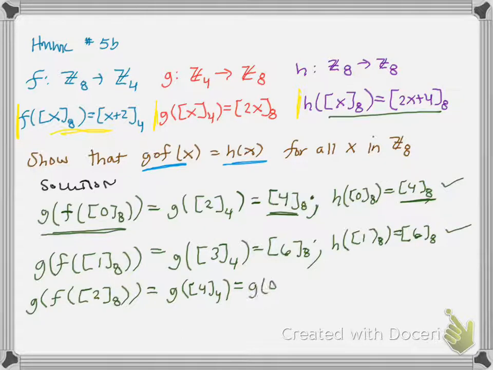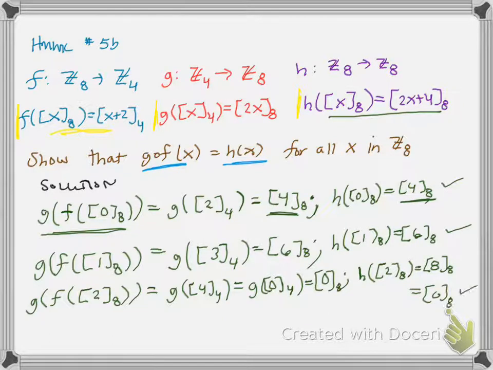Good. So 0 mod 4, and G of that is just going to give us 0 in mod 8. And so let's check to see if H of 2 mod 8 will give us 0 mod 8. Well, if we plug that in, 2 times 2 is 4, so that's going to equal 8 mod 8, which equals 0 mod 8.